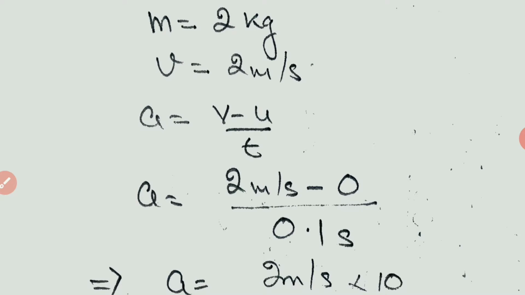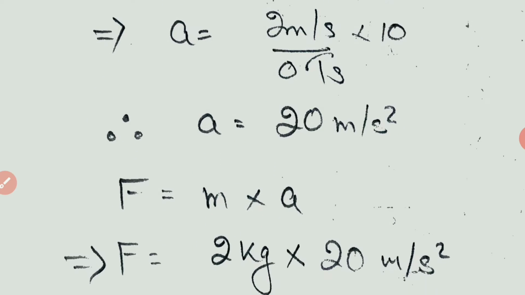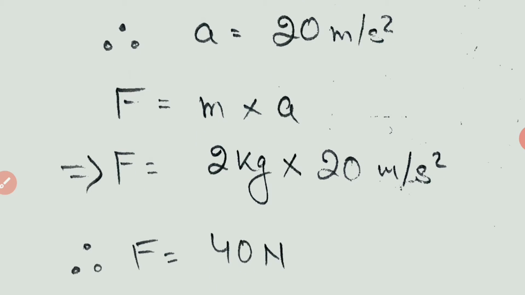After calculating, we shall get 20 meter per second square. I hope you understood the cancellation and the calculation part. Then using the formula force equals mass into acceleration, we get 2 kg into 20 meter per second square, which is 40 Newton. This is how we are supposed to do question number 9.